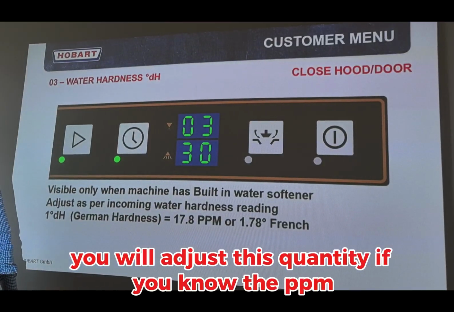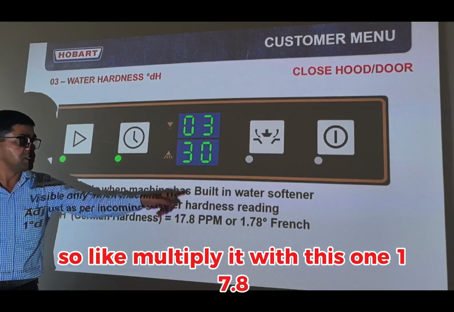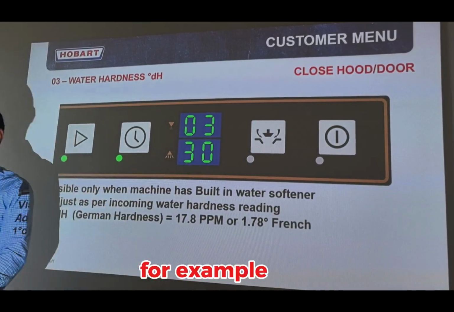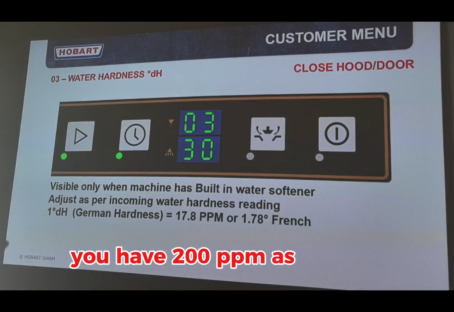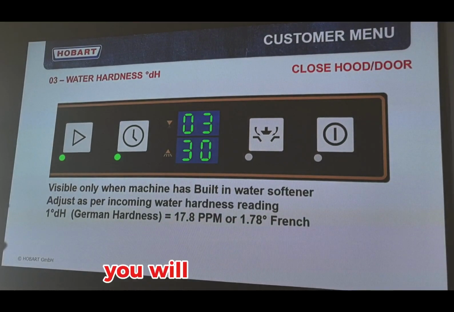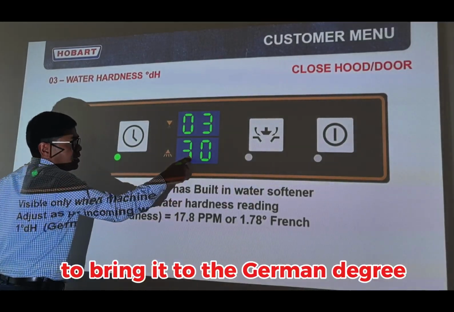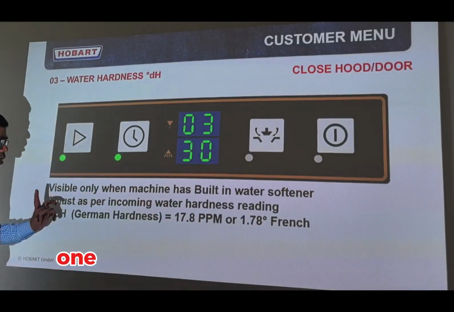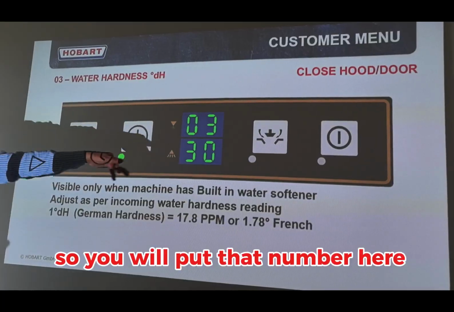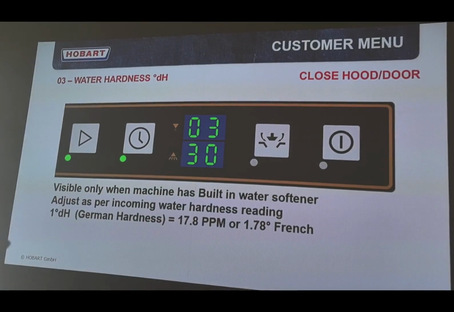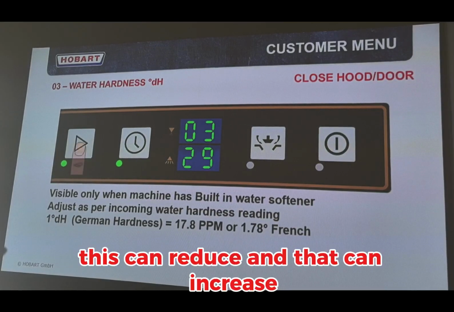If you know the ppm, for example you have 200 ppm as per your calculation, you will divide it by 17.8 to bring it to the German degree, because this is the German degree of hardness. 1 German degree hardness is 17.8 parts per million. So you will put that number here. This can reduce and that can increase, that's okay.